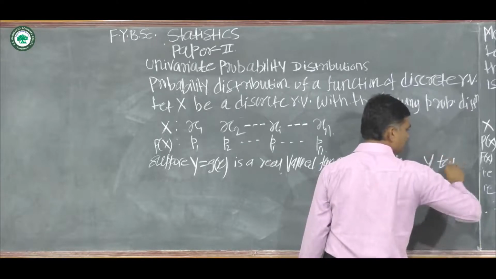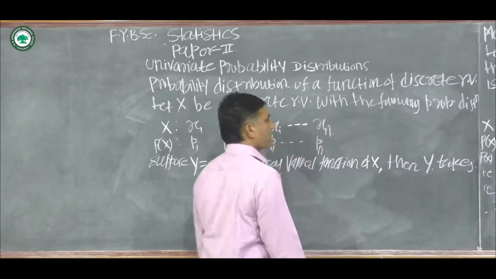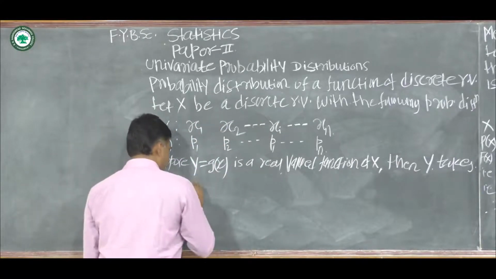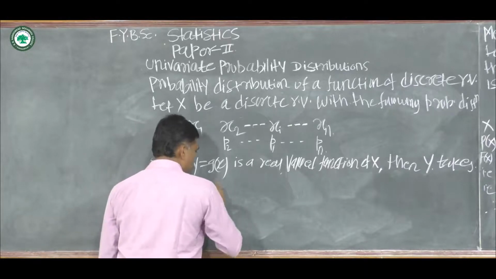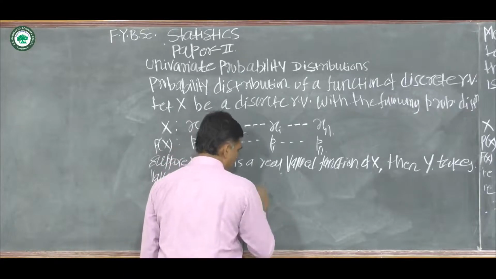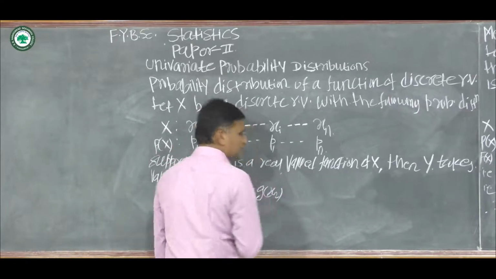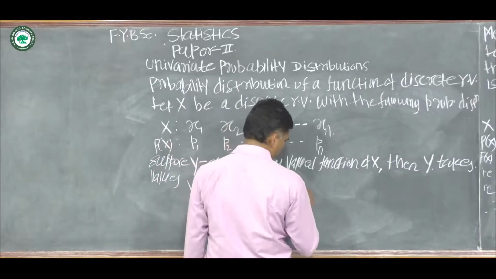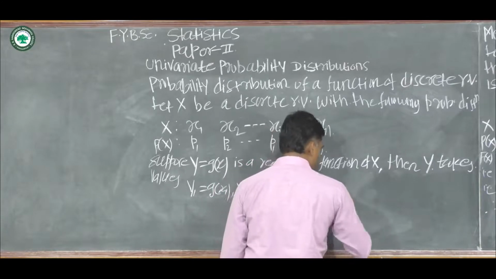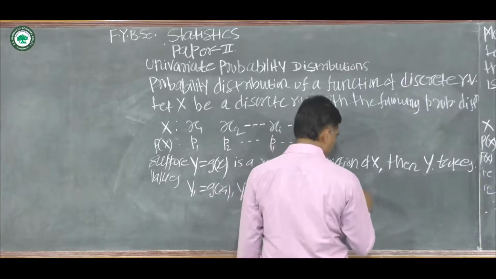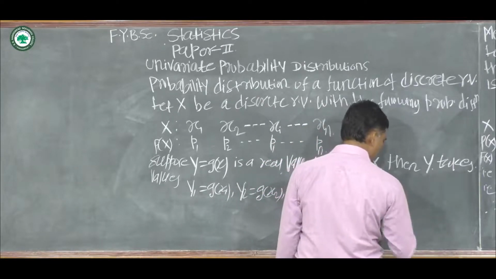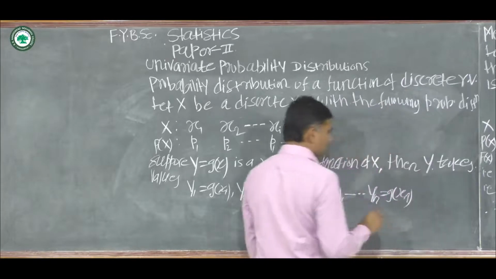Then Y takes values y1 equal to g of x1, y2 equal to g of x2, and so on, yi equal to g of xi, and yn equal to g of xn.